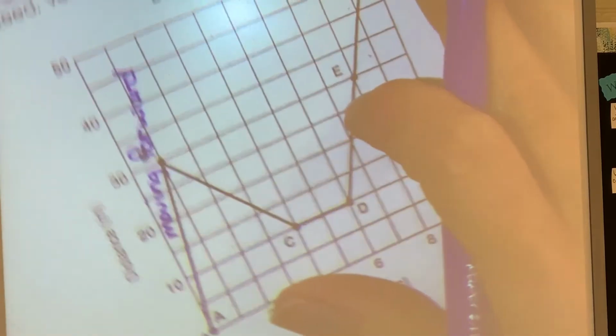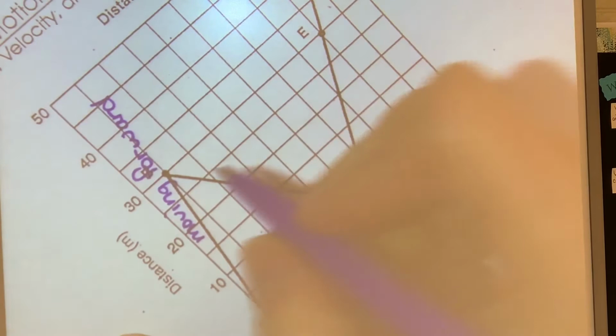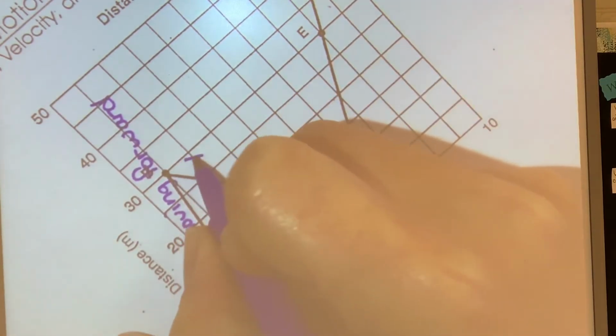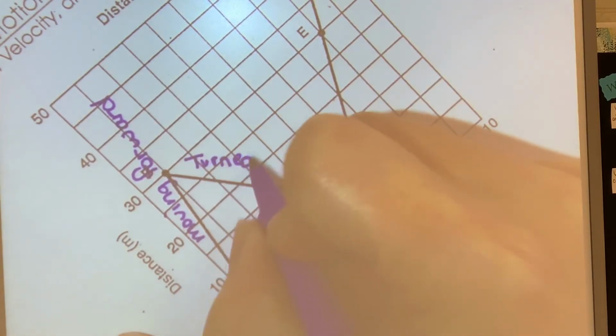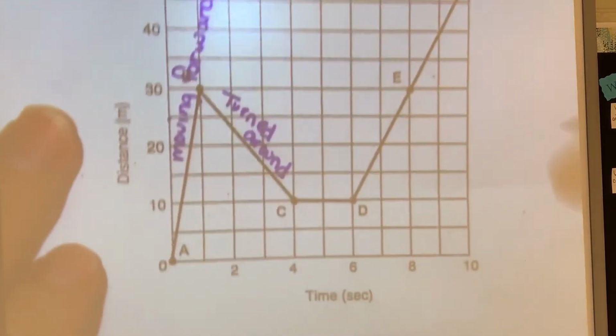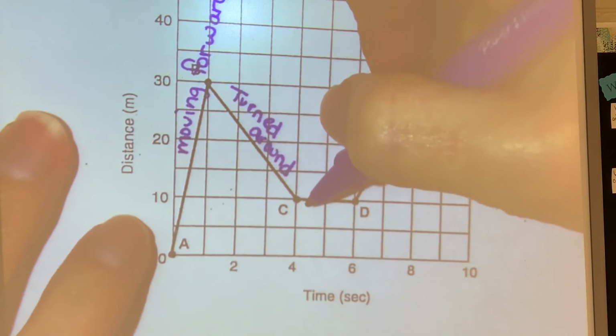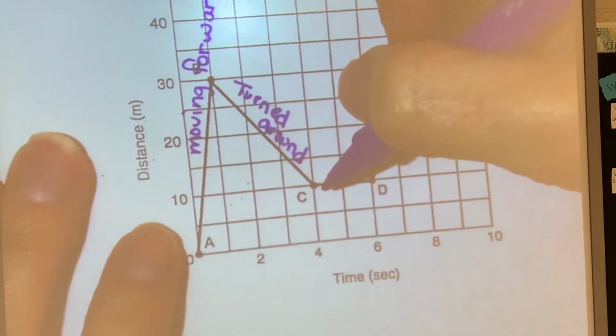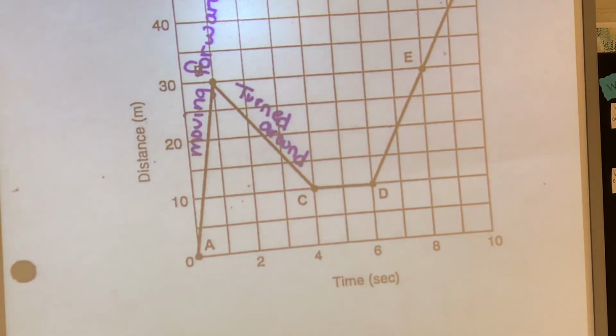So what happened was I turned around, because my distance was at 30, and then I figured out I had to go back to 10 meters. Maybe I dropped my phone. I don't know. Maybe I realized I lost my key. Something happened to where I had to go back to the 10 meter step and stop.